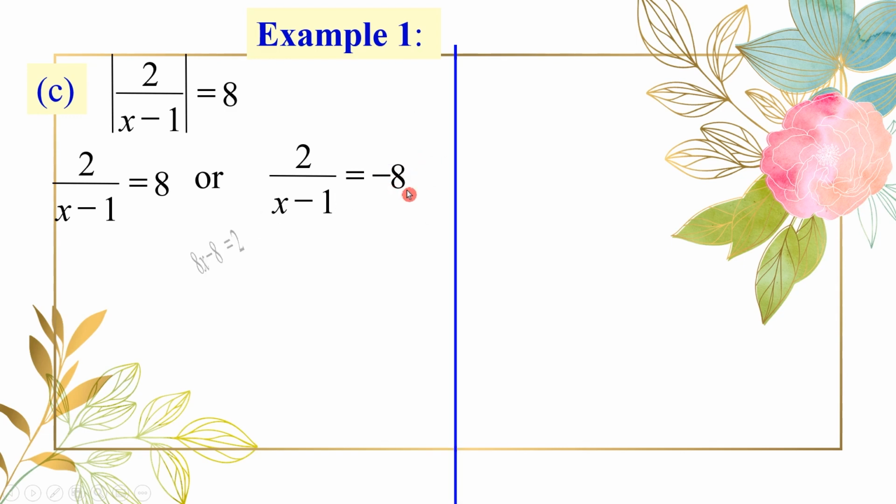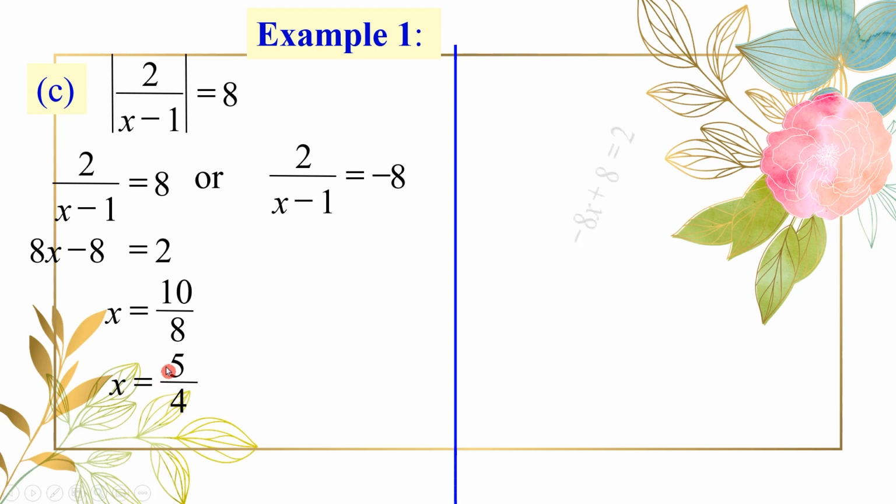Let's calculate the first part on the left. Okay, we bring x - 1 to the right, becoming 8x - 8 = 2, and then 8 + 2 = 10. 10 over 8 will give us 5 over 4.